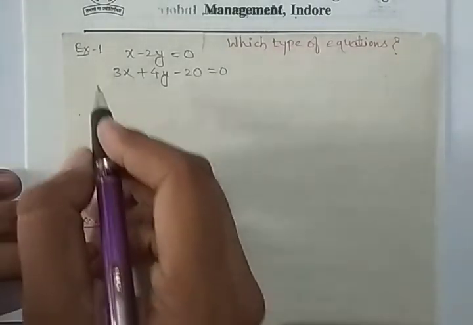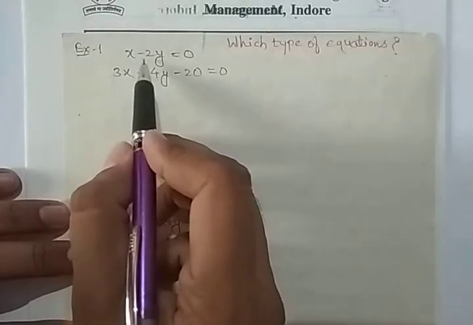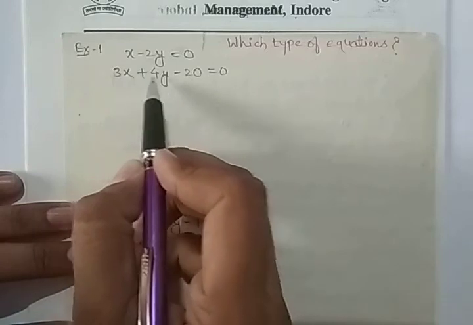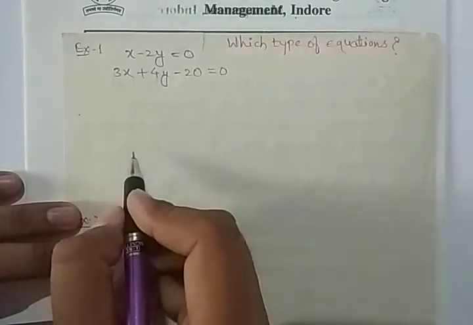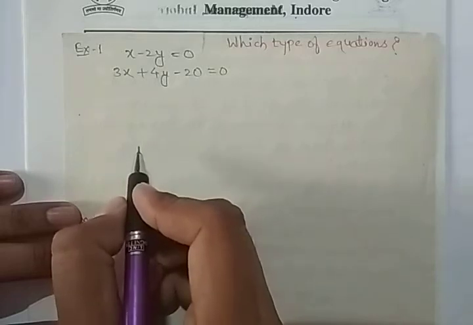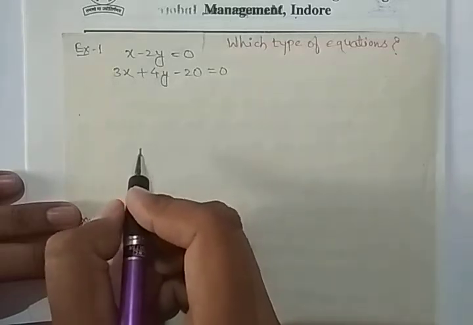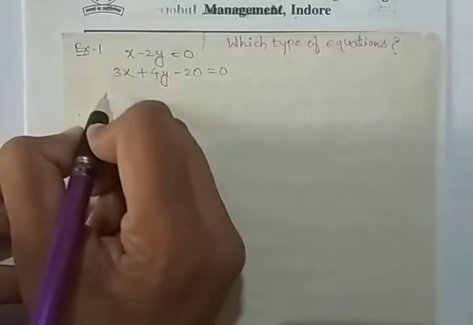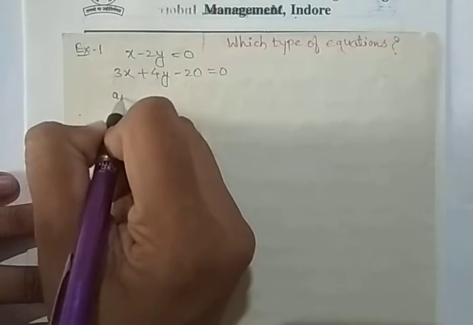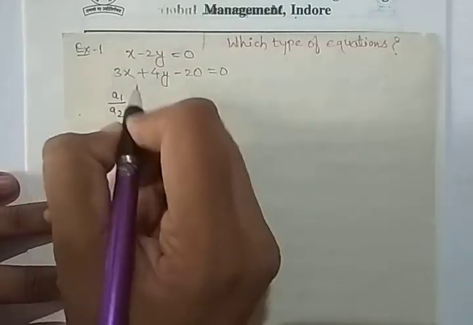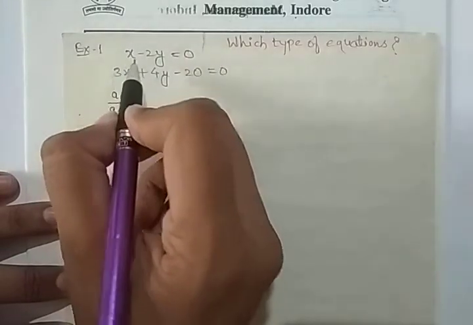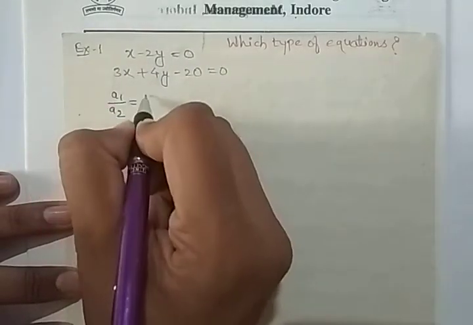See the first example, x minus 2y is equal to 0, and the second equation is 3x plus 4y minus 20 is equal to 0. So if we want to know which kind of solution there will be and whether the equations will be consistent or not, at the first level you have to check the ratios. a1 upon a2 will be 1 upon 3.